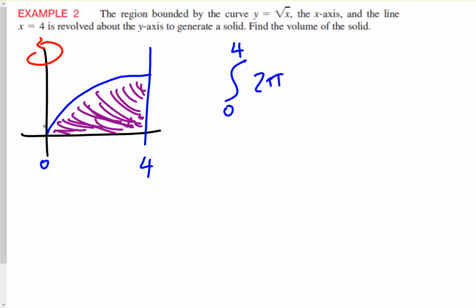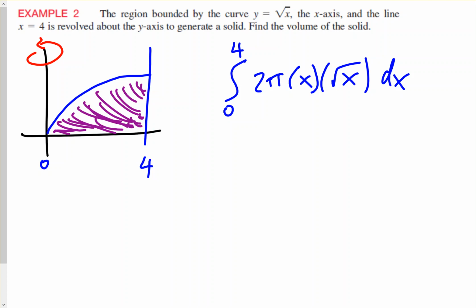Now we're right up against the axis, so our radius will be x. Our function would be the square root of x, that's the height. And we have dx.